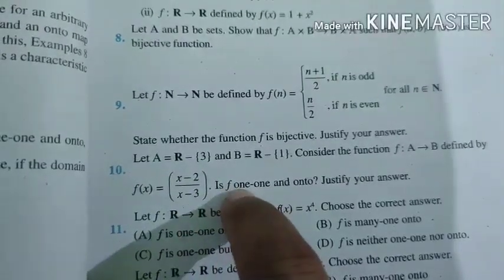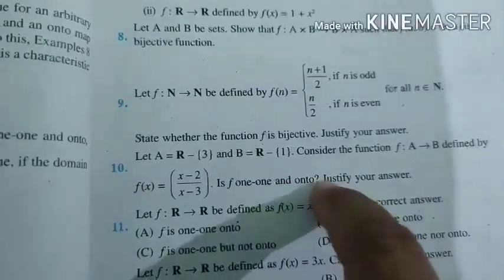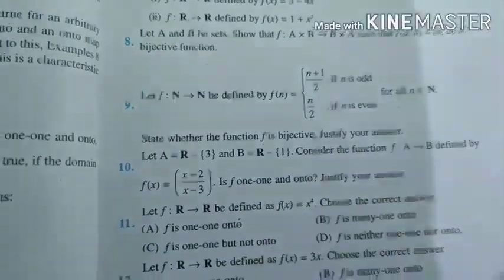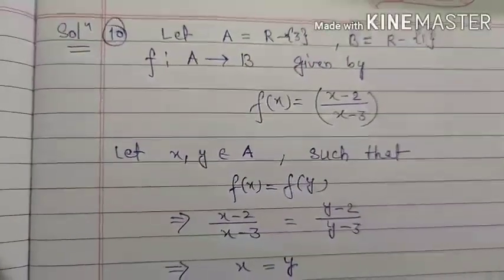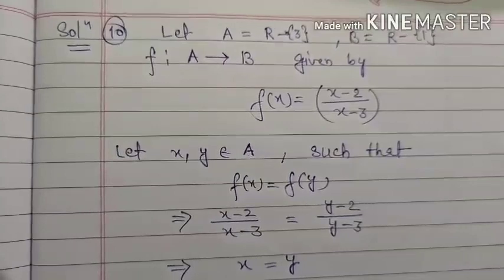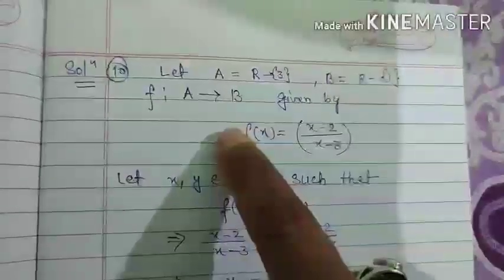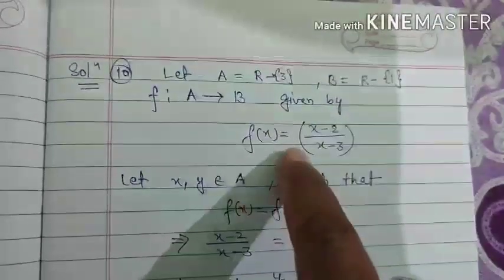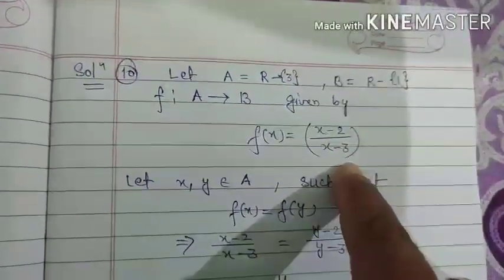Is f one-one and onto? Justify your answer. Solution. See, I have written these sets once again, A and B, f from A to B given by f(x) equals (x minus 2) upon (x minus 3).